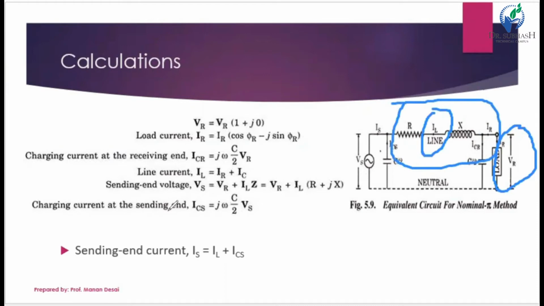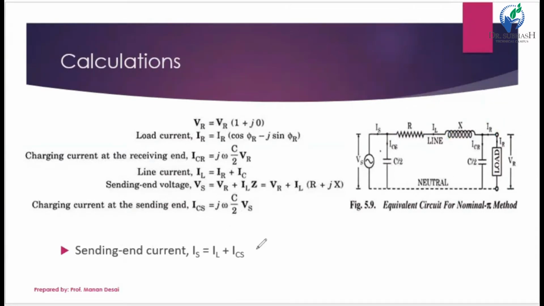Now the charging current at the sending end, ICS, is equal to J omega C by 2 VS, and the sending end current IS is equal to IL plus ICS. So finally we got IS is equal to IL plus ICS.